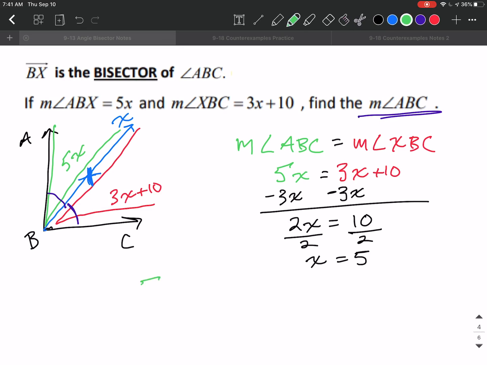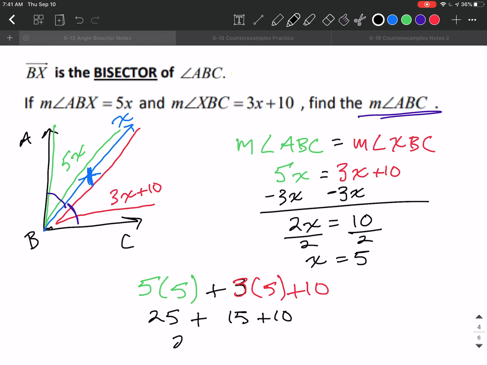So I'll have 5 times 5 plus, substituting into the red part, 3 times 5 plus 10. Well, 5 times 5 is 25. 3 times 5 is 15, plus 10 is 25. So I'm left with 25 plus 25.